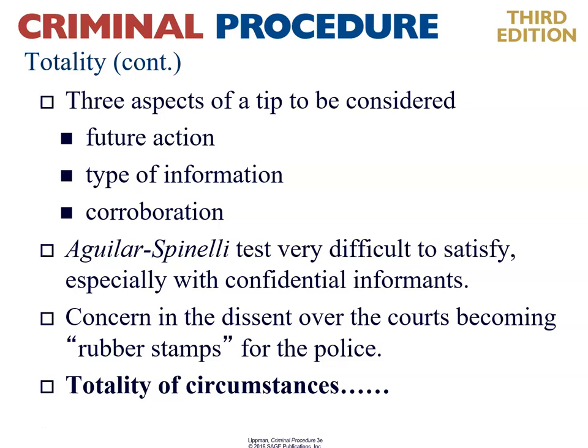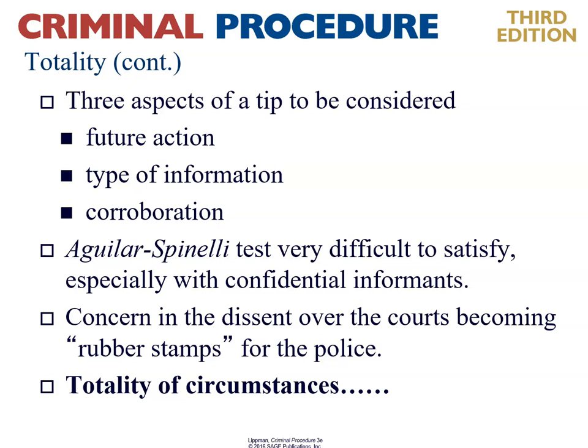Number two, the type of information. The tip was consistent with law enforcement's knowledge of drug dealing. In this case, they knew that Florida is a center of drug activity, and the tip in the Gates case predicted a pattern of behavior regarding drug traffickers.